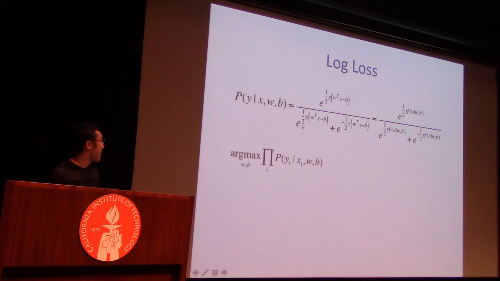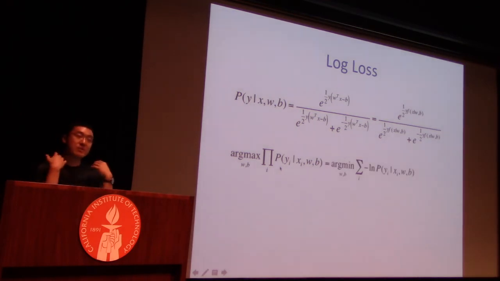You divide by that number plus the exponentiated score for the opposite class, for negative here. We could just generically refer to this part as the model score. And for training, we want to find a W and B that maximizes the conditional probabilities of the ground truth y's given the x's from the training data.